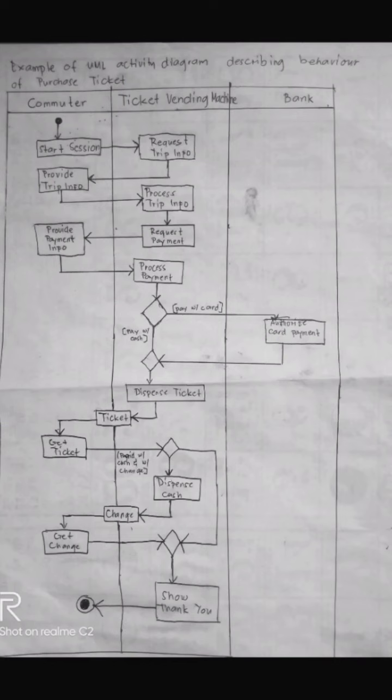Then it will end here, and we have the end node to end the process. If the ticket is paid with the exact amount, the process will just terminate and show the thank you and then the end node.